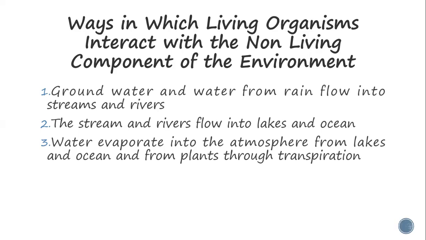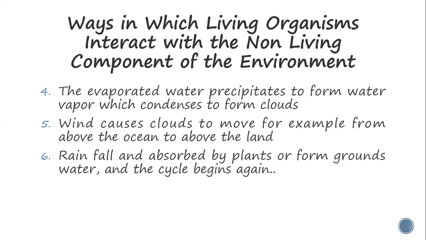Here we see the interaction between the living component, that is the plants, with the non-living components, that is the lakes and the oceans, that together contribute to the evaporated amount of water that is taken to the atmosphere. Now, the evaporated water precipitates from the water vapor, which condenses later on to form clouds.